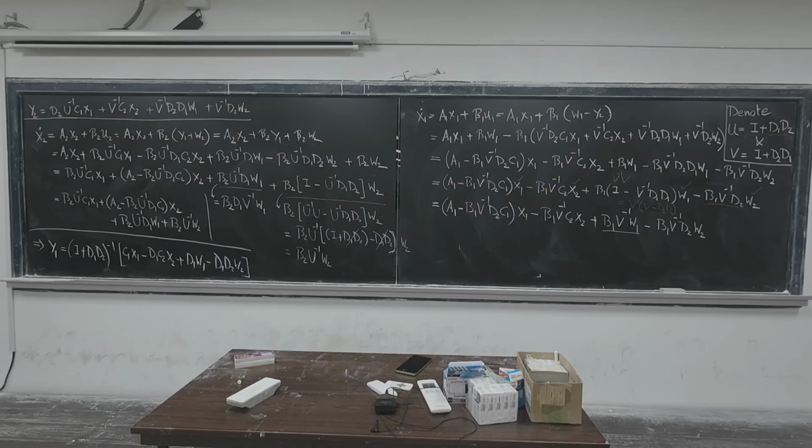Finally, what is the thing that we were looking for? That is x dot equals to ACL x plus BCL W. Then y equals to CCL x plus DCL W, right?